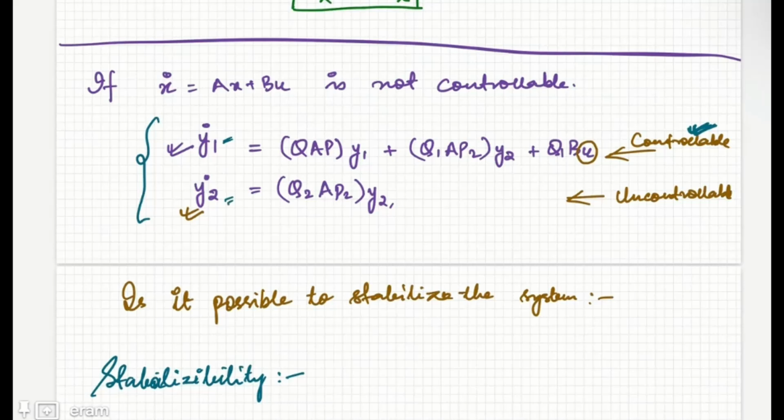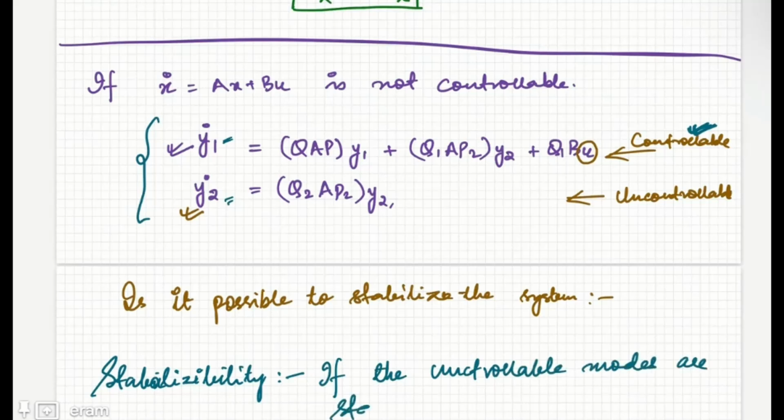Now stabilizability says that if the uncontrollable modes are stable, then the system is stabilizable.